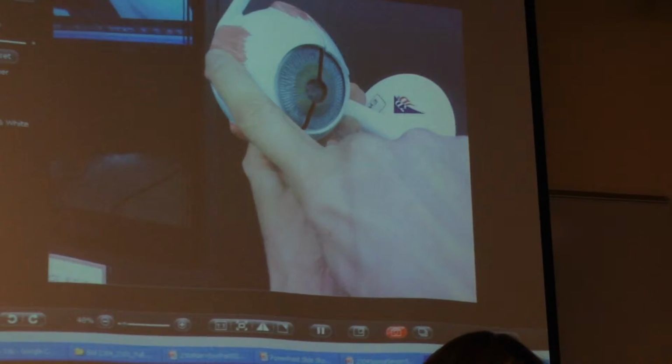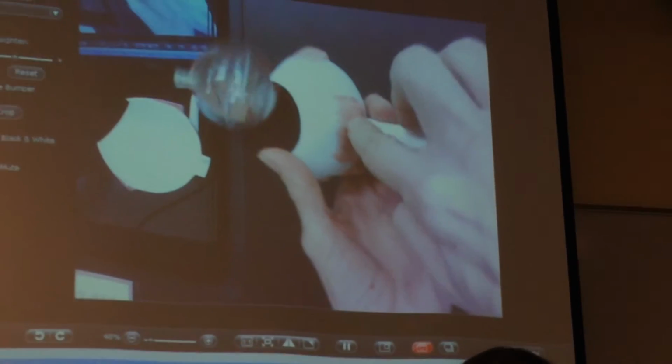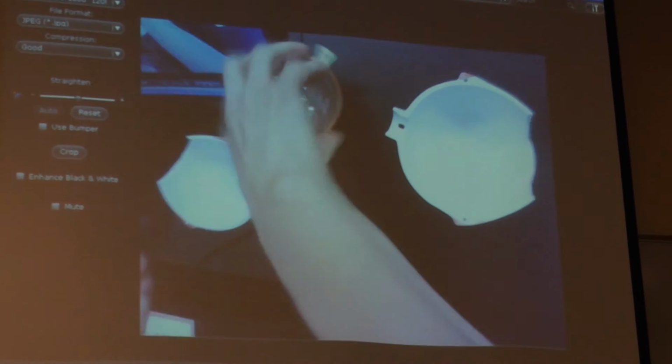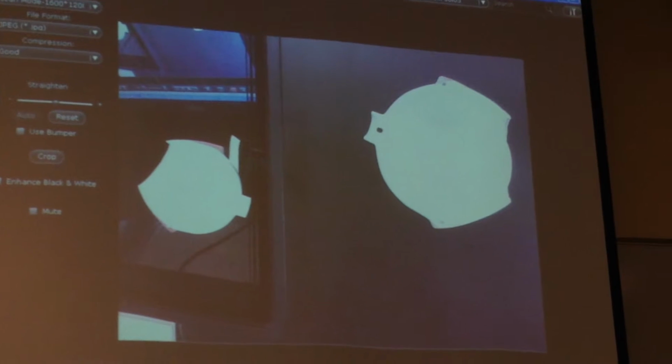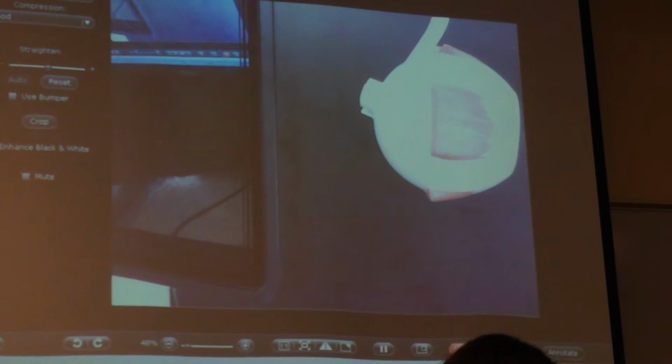This one must be the superior rectus, and this one on the bottom is the inferior rectus muscle. On this particular model, the only things we can identify are those muscles. We do not see the superior oblique or inferior oblique.